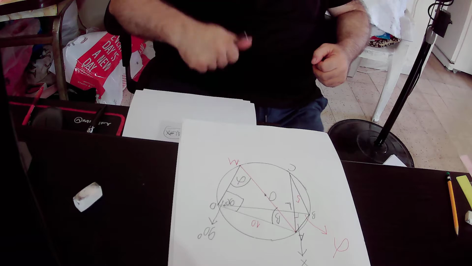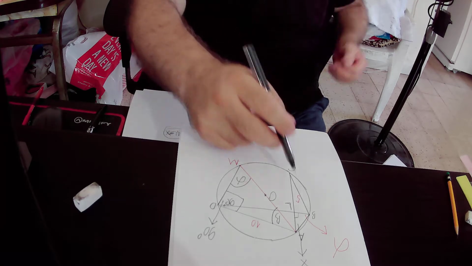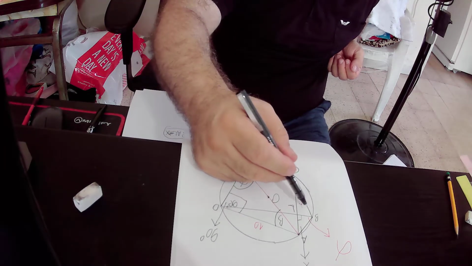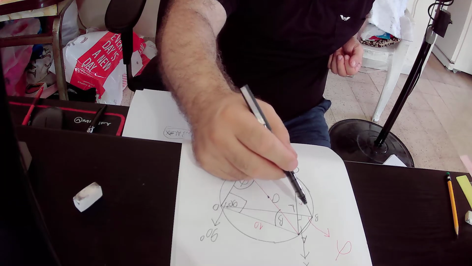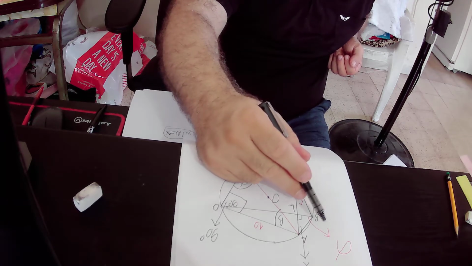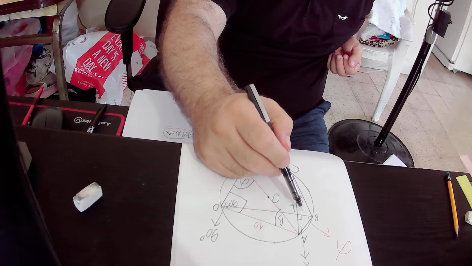So I'll write it down. That will be our second equation, which states that the sum of the angles in the right triangle ABL equals 180 degrees. That is to say, alpha plus x plus 90 degrees will be equal to 180 degrees.